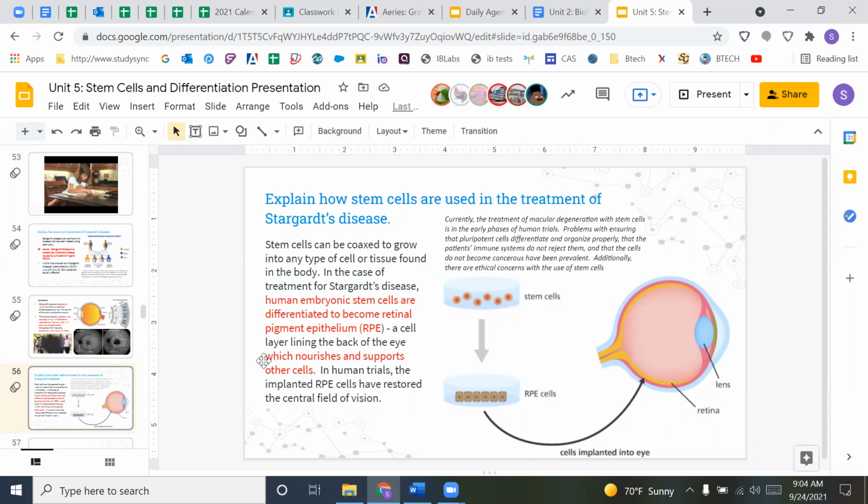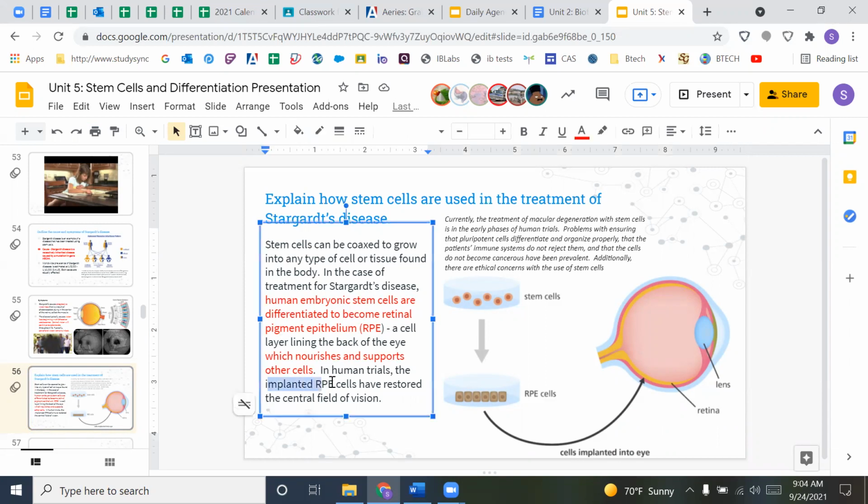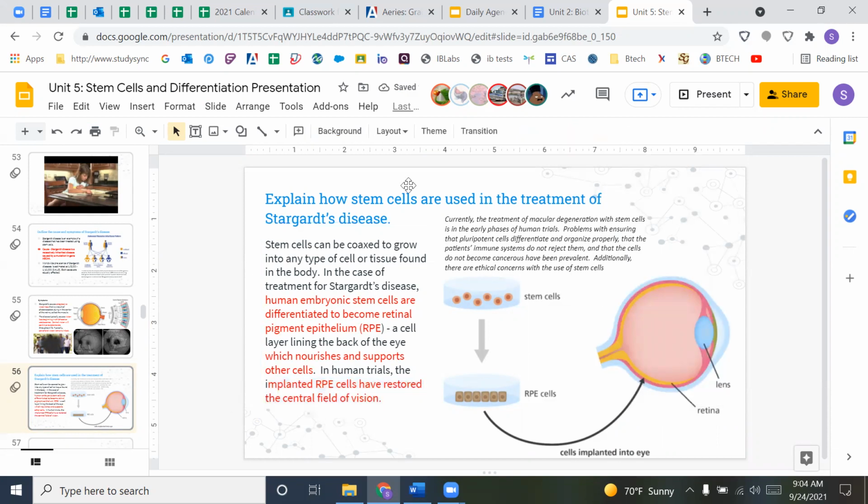In human trials, the implanted RPE cells have restored the central field of vision. So then implanted RPE cells have restored, you could just put central vision if you want. That's a good question. That would be awesome for somebody to look up.